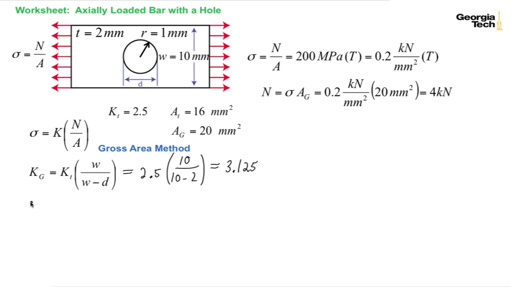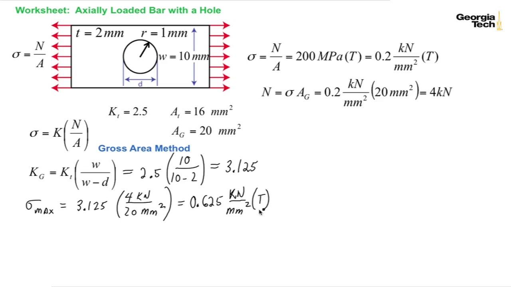So sigma max equals 3.125 times N, which is still 4 kilonewtons, over the gross area, 20 millimeters squared. If you multiply that out, you'll see that again it equals 0.625 kilonewtons per millimeter squared tension, or sigma max equals 625 megapascals in tension. So you get the same result whichever method you use.